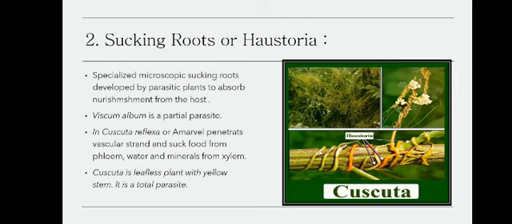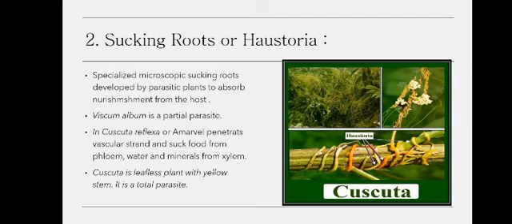This plant is Cuscuta reflexa or amarvel. In that plant, the roots are modified, sucking food from the phloem and water from the xylem. The sucking roots penetrate into the phloem for food, and into the xylem for water and minerals.